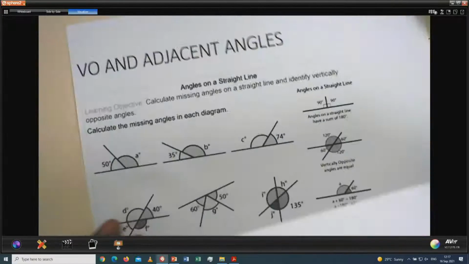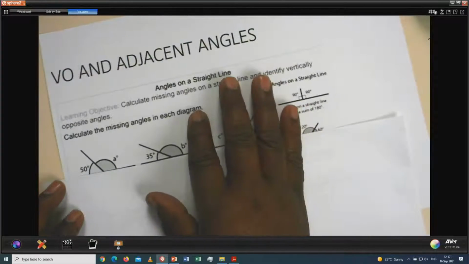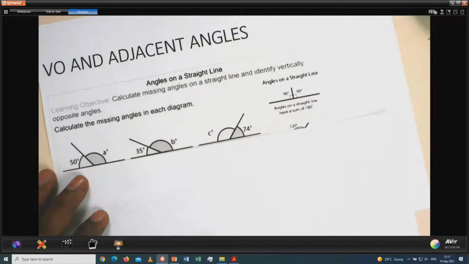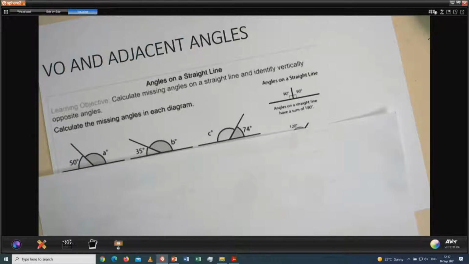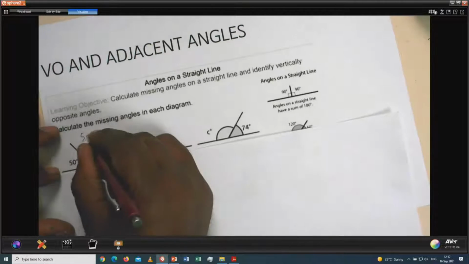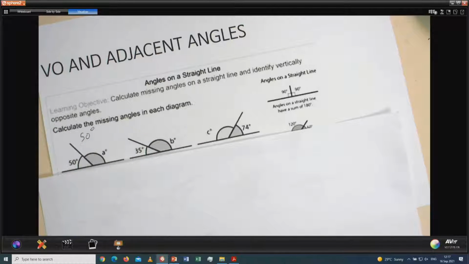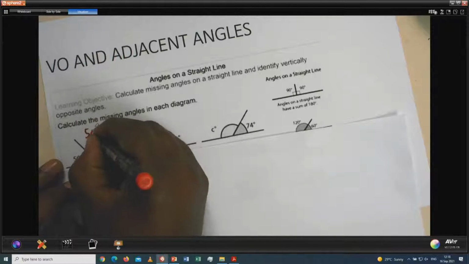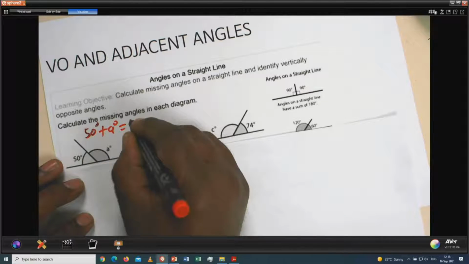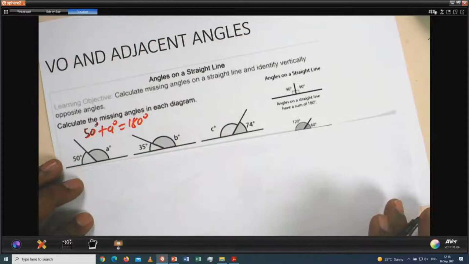Right. Let's see now here. Is our straight line. And what is the relationship? What does a straight line tell us? Straight line tells us that 50 degrees plus 8 degrees should give you 180 degrees.